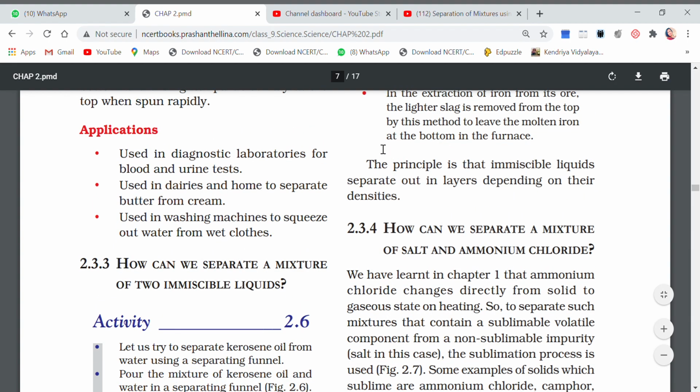So what will be your next question? What is the principle on which the immiscible liquids separation is based?